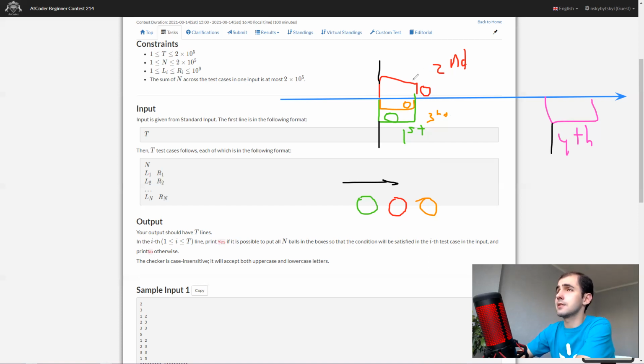And this is why this technique is sometimes called event processing, or at least I've seen one or two blogs in Codeforces on this matter. But the idea of generally going from left to right and processing segments in increasing order of either their left or their right coordinates is very common in interviews.